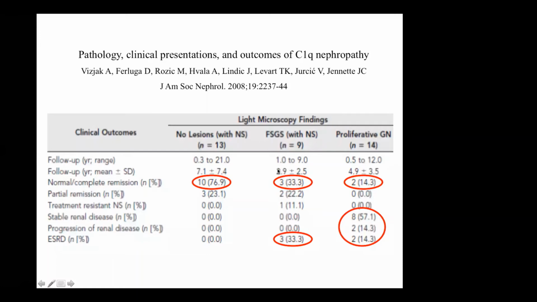Actually, the school of thought is that what appears to be C1q might in reality be an unsampled FSGS. Anyways, this is just for me to complete the picture for you. But in terms of your learning, your exam, and your practice, you won't be seeing lots of C1q or IgM. It will be either minimal change or FSGS.